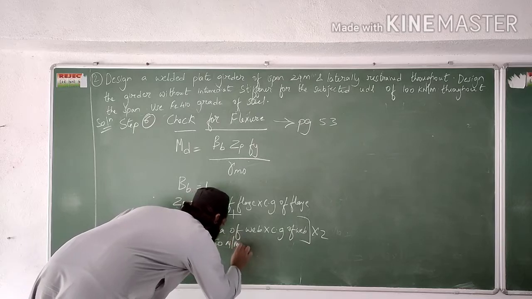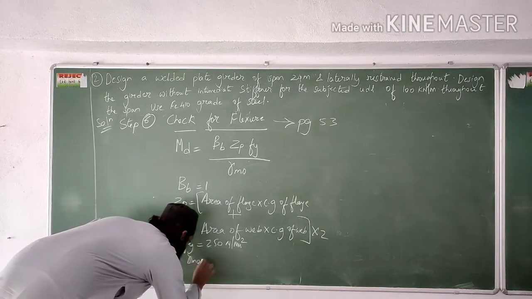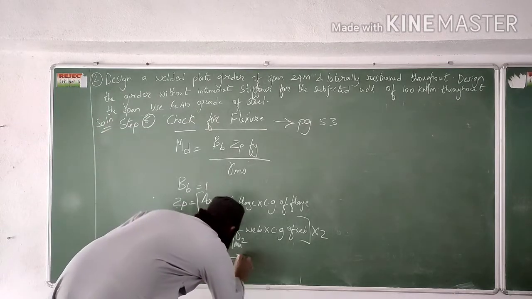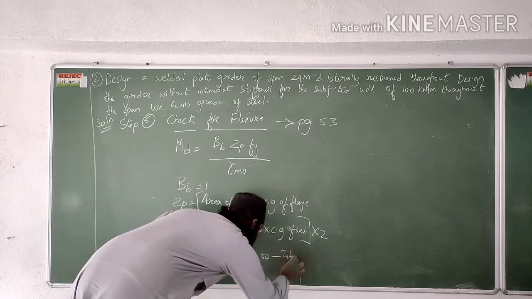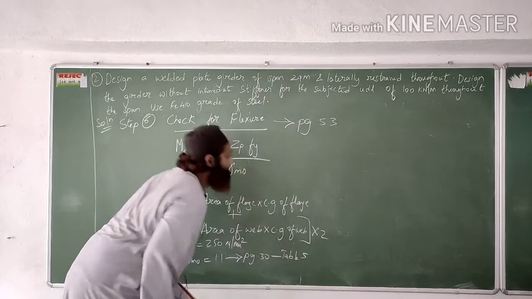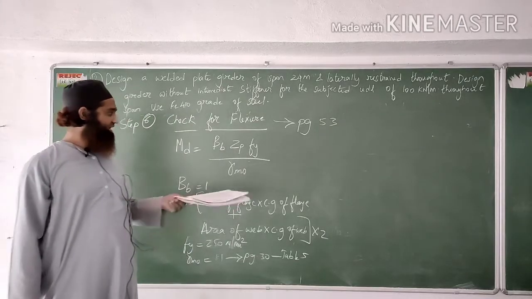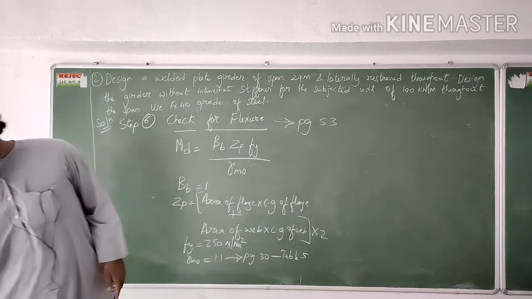Yield stress. And what is gamma M0? Gamma M0, in page 30, is 1.1. This is given in page 30, Table 5. Let us substitute these values here and check whether our section is safe in flexure also or not.